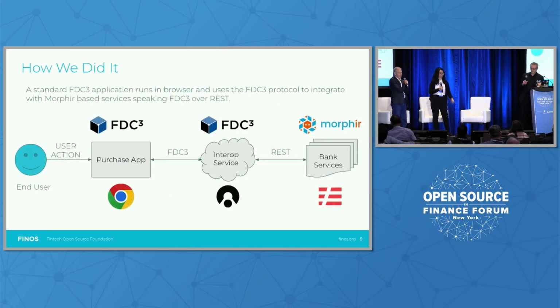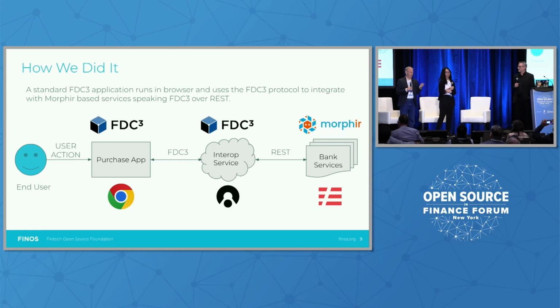So what's really cool here, and we talked a little bit about the use case, you'll see in a minute, is that it's kind of like a mini auction. The end user is very happy, about to buy something, in some sort of purchasing app, and that app is going to use FDC3 to send a request for terms based on the purchase to any number of bank services running out in these serverless Lambdas in the cloud.